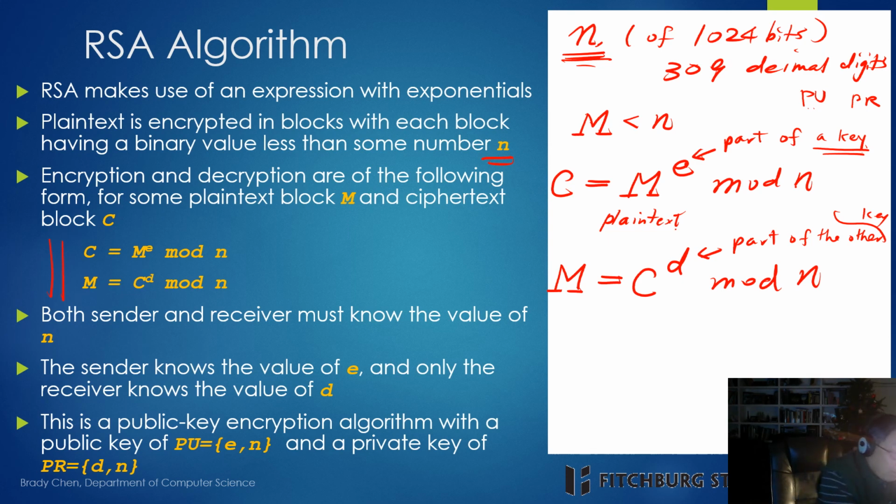We can calculate M to the E, and then we can do something like M squared to the E divided by 2, mod N. So we can reduce the number of powers.